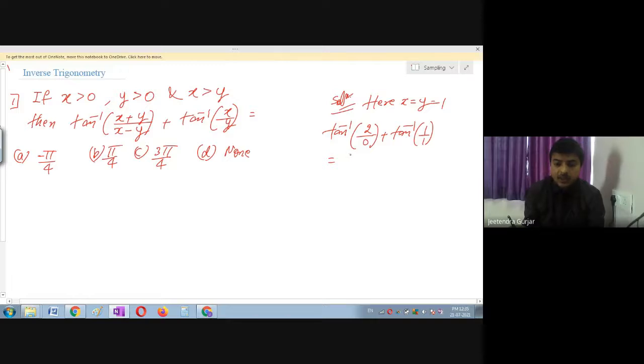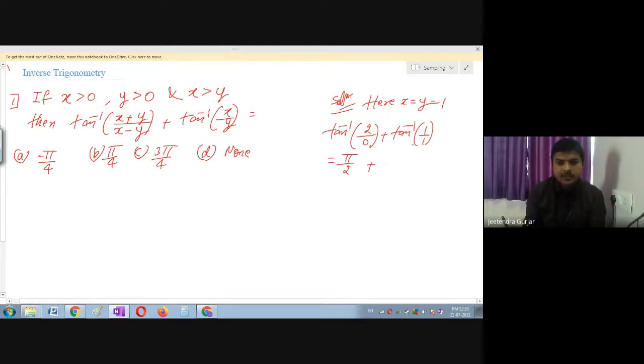At that time, you have to think of the angle pi by 2, where tan is not defined. 2 upon 0 is also not defined. Therefore, tan inverse of 2 upon 0, or tan inverse undefined, is pi by 2.